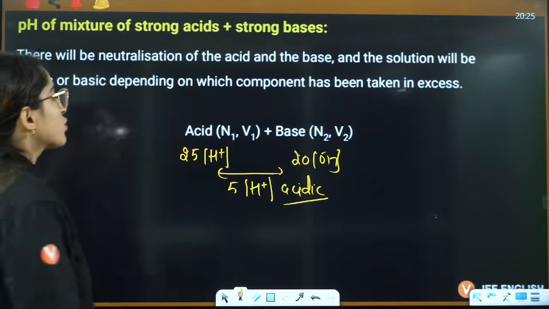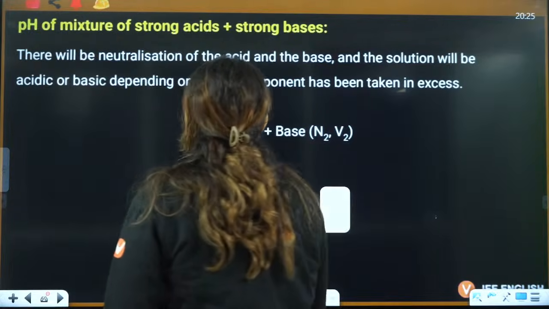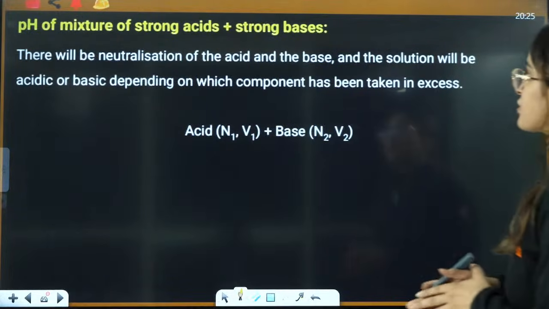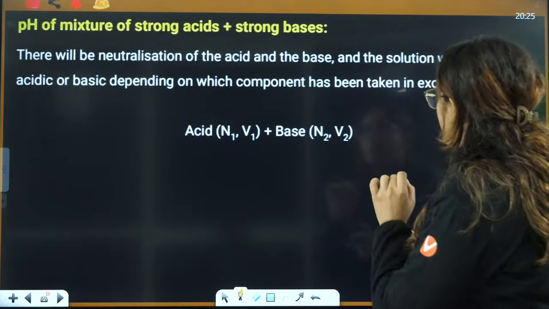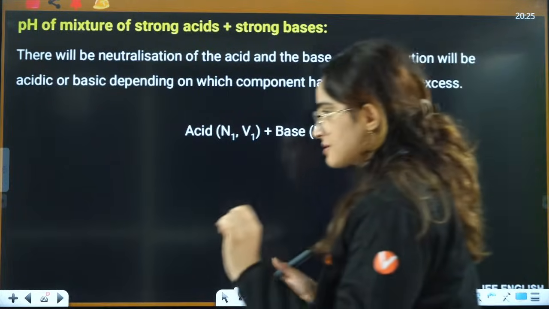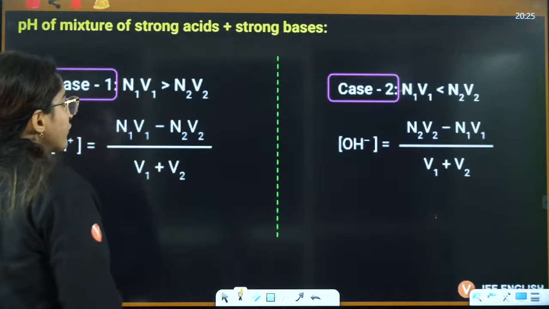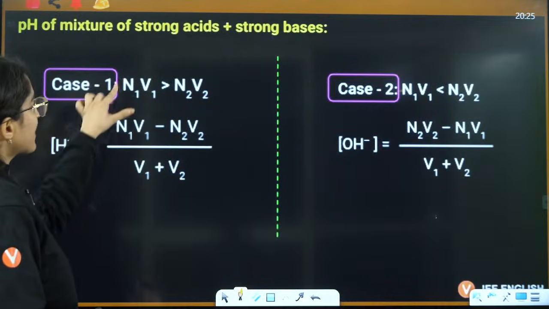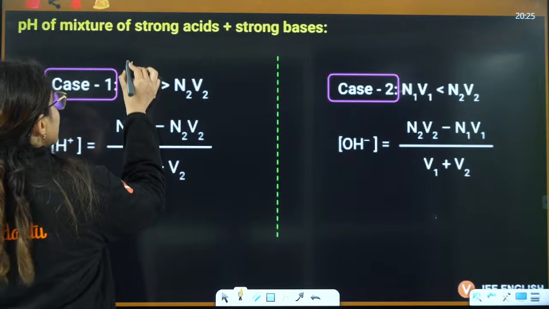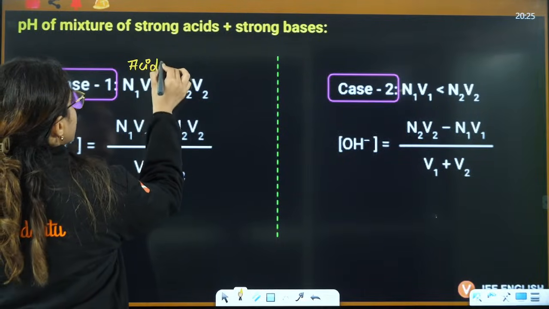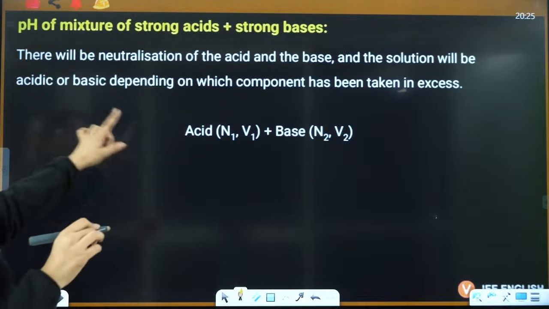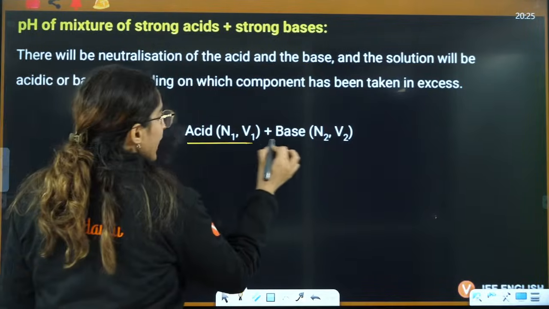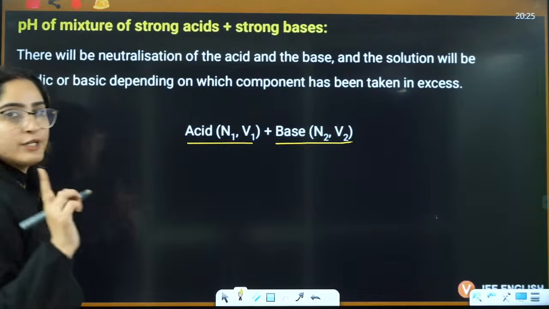Okay, so based on these two things, we are writing that there will be neutralization of acid and base. The solution will be acidic or basic depending upon the component that is taken in excess, right? So if you see this here, case 1 is if N1V1, that is acid, is greater than base. For acid I am defining N1V1 and for base I am defining N2V2.